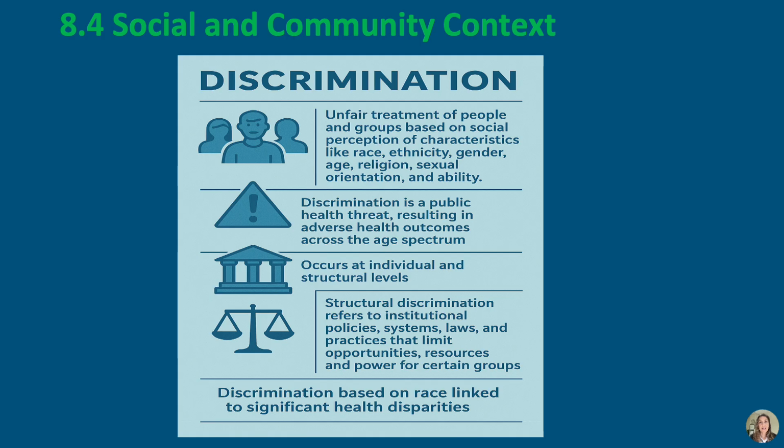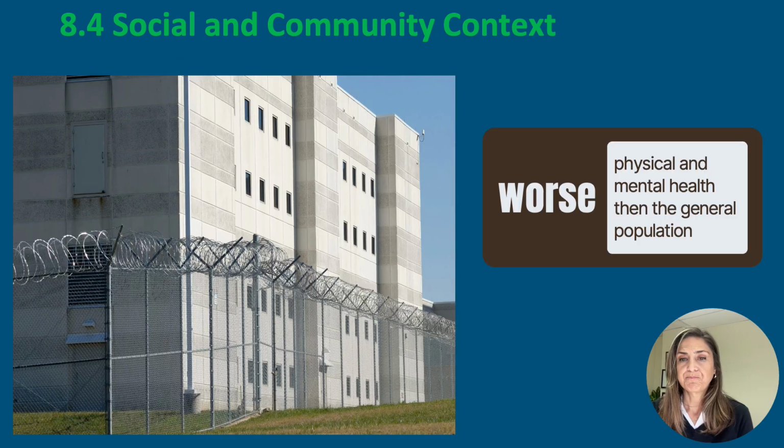It occurs at individual and structural levels, and structural discrimination refers to institutional policies, systems, and laws and practices that limit opportunities and resources and power for certain groups. So discrimination based on race is linked to significant health disparities and poor health outcomes.